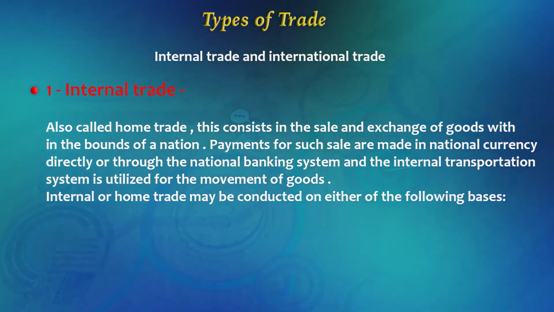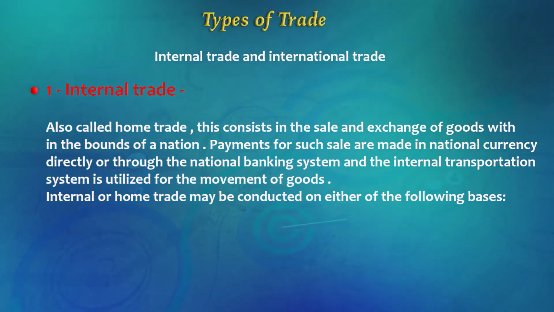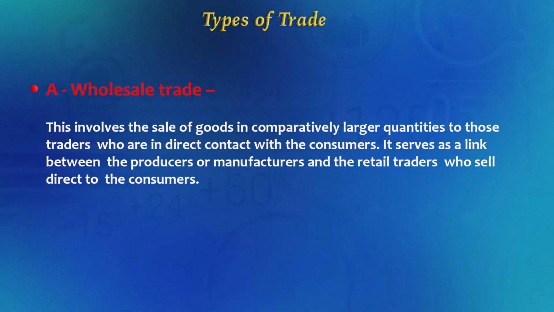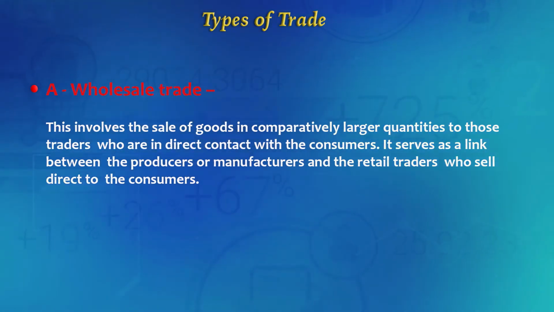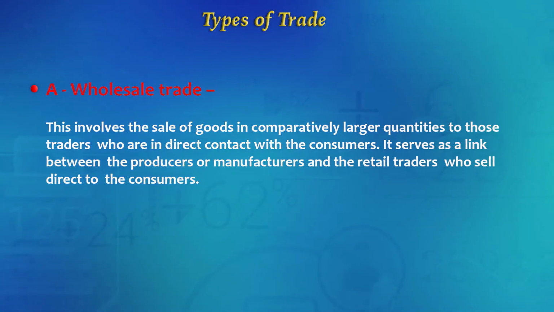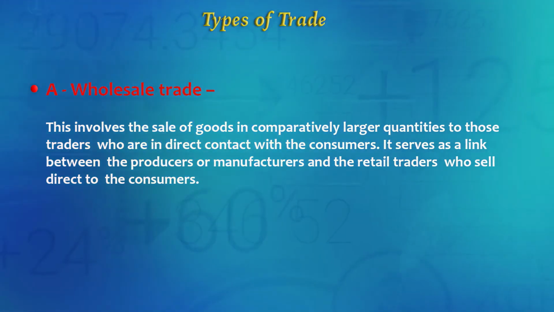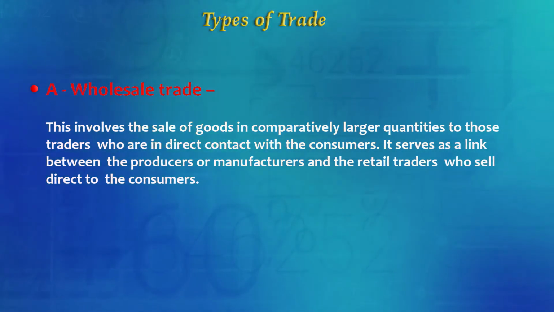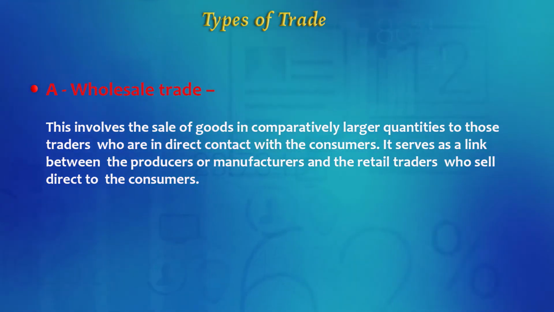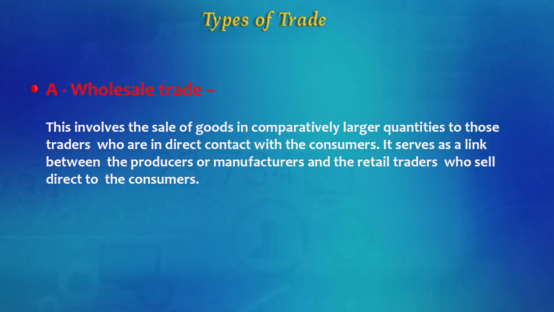Internal or home trade may be conducted on either of the following bases. There are two bases. Number one is wholesale trade. Number two is retail trade. Wholesale trade involves the sale of goods in comparatively large quantity to those traders who are in direct contact with the consumer.